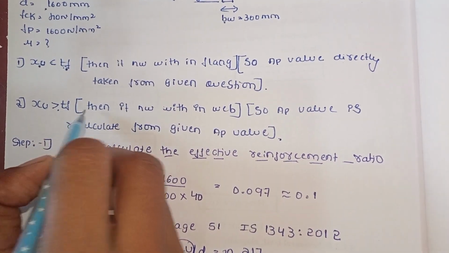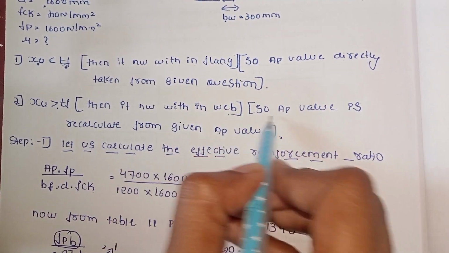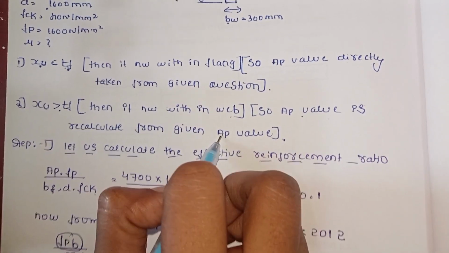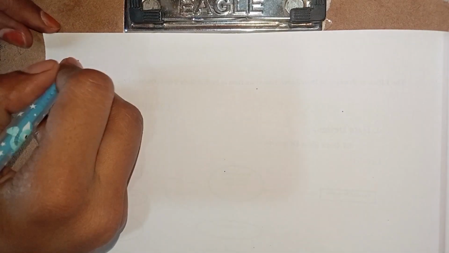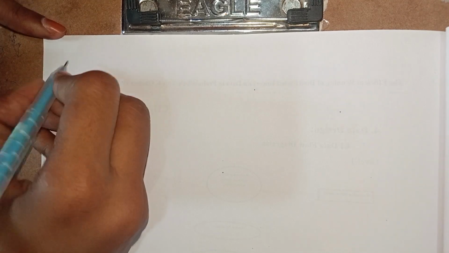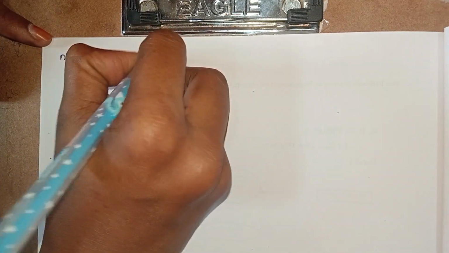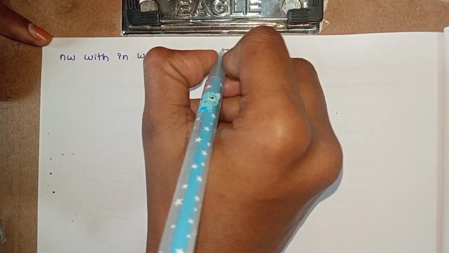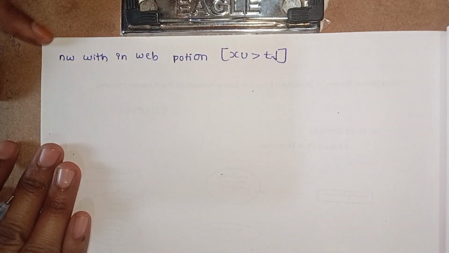XU is greater than TF, then it is considered as neutral axis within the web portion. So the AP value is recalculated from the given AP in the question. So the given beam is condition number 2, hence neutral axis within the web portion. XU is greater than TF value, hence recalculate the area value.